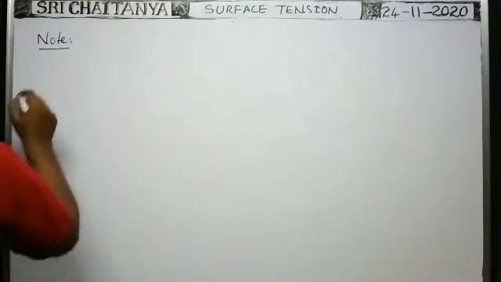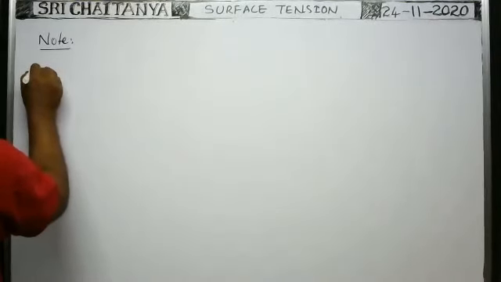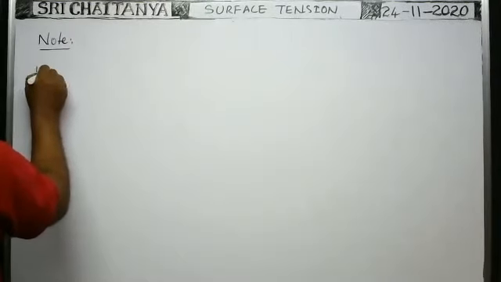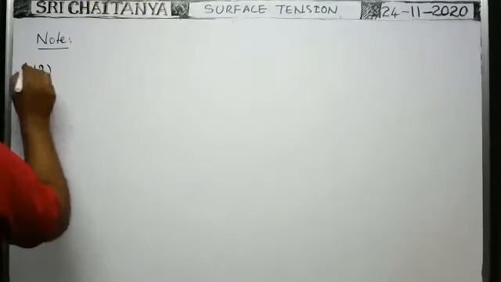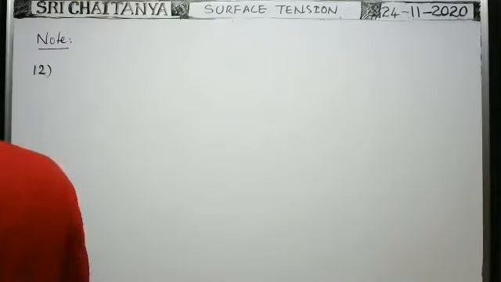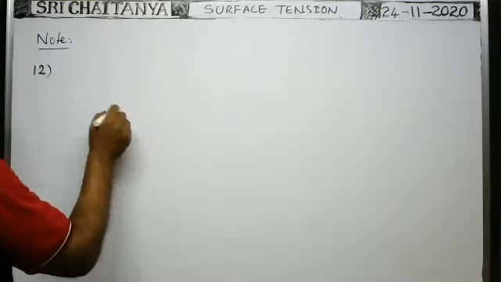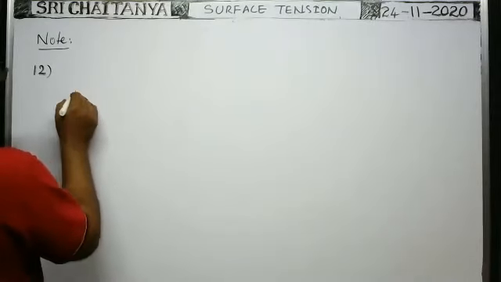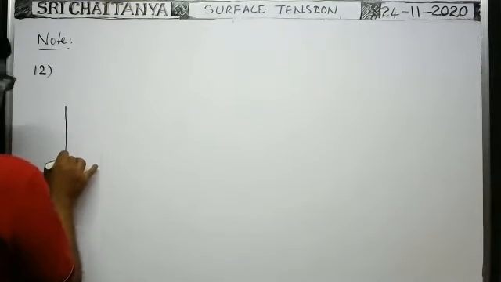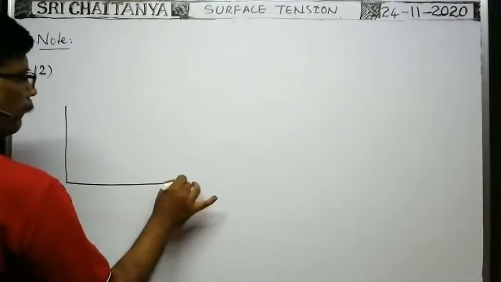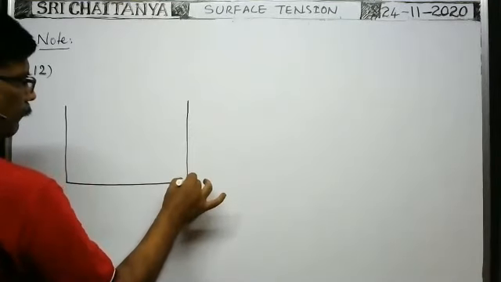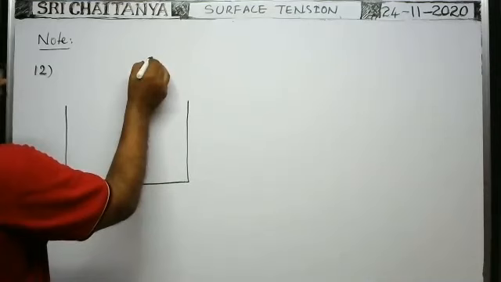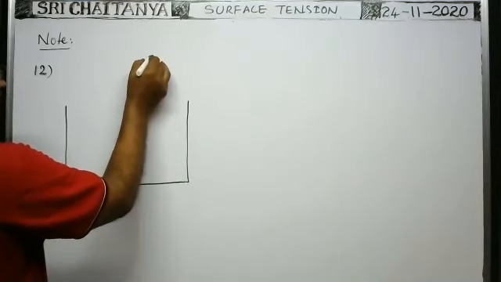Next, the 12th one. Suppose there is a beaker, and there is a capillary tube. Of course, it is a capillary tube only.